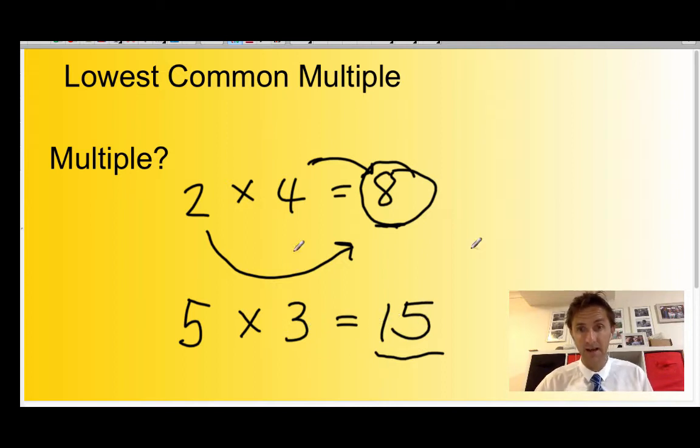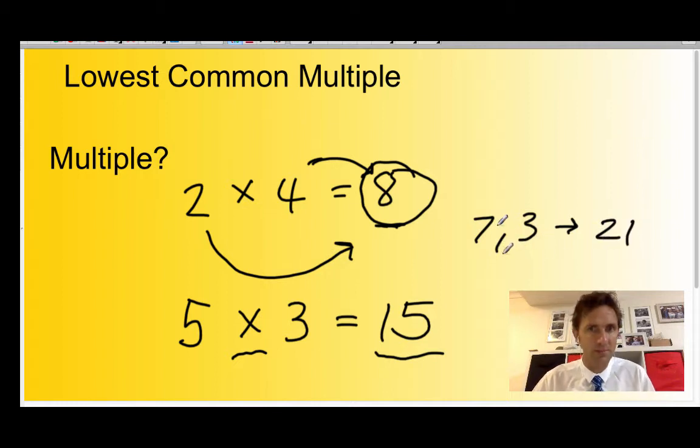We don't even need to do the times signs. For example, we can say that 7 and 3 go into 21, don't they? Because 7 times 3 equals 21, and 3 times 7 equals 21. So 21 is a multiple of 7 and 3.